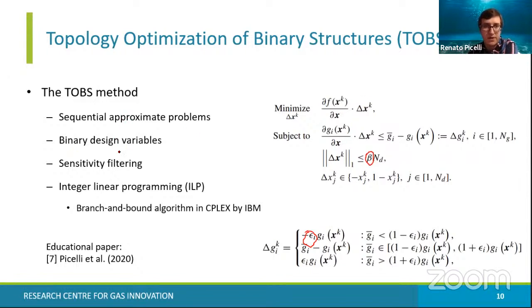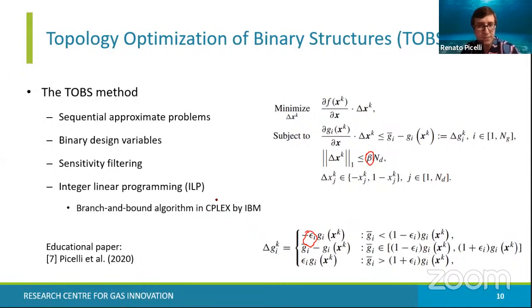We are using binary design variables, but actually we are solving for delta x and not only x. If we keep delta x binary, our original design variables, the vector x, will be binary. We use sensitivity filtering, which is more suitable for binary variables and integer linear programming. We recommend using the branch and bound algorithm in CPLEX, by IBM.